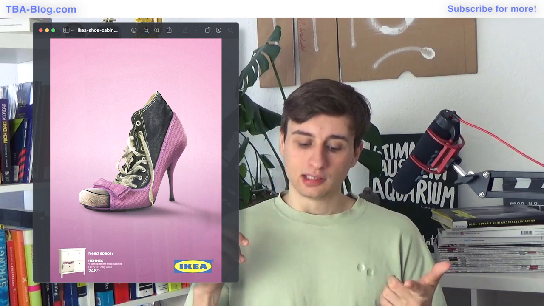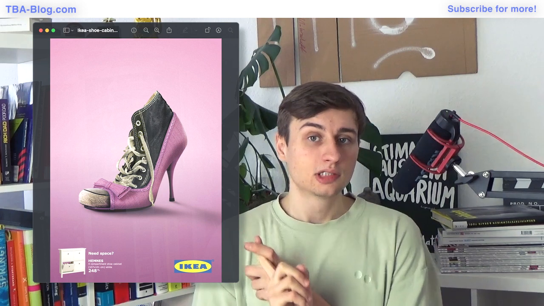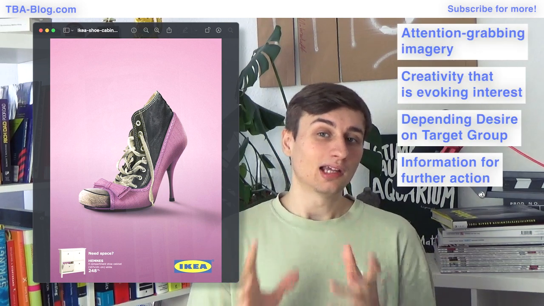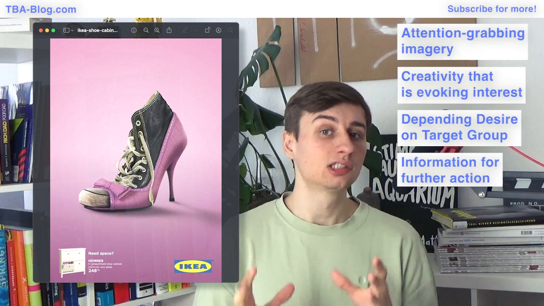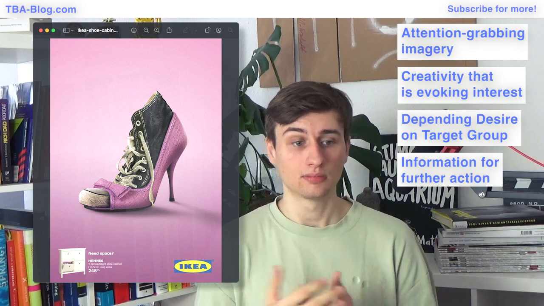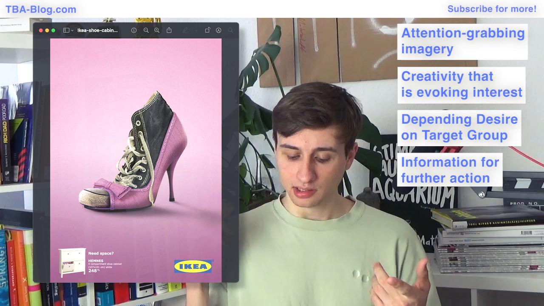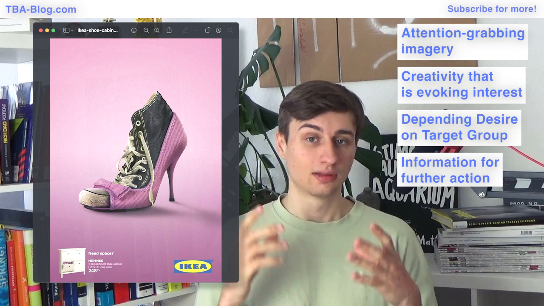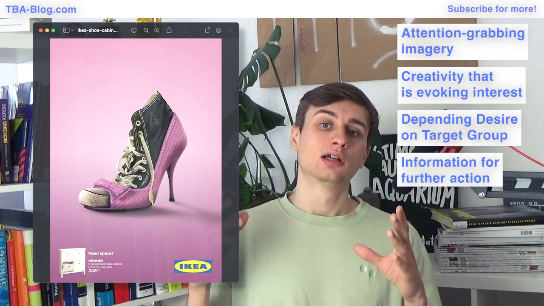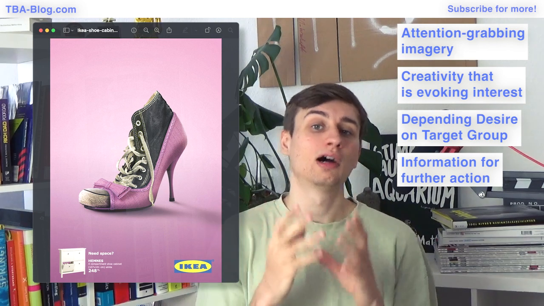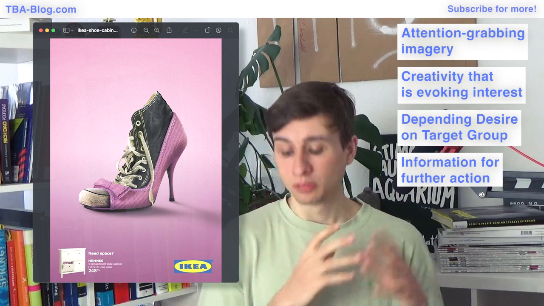So we have the attention-grabbing imagery by the bright colors, by the simplicity of the poster. That also is very important. We have the interest that is captured by the very creative concept and overarching theme of the poster.